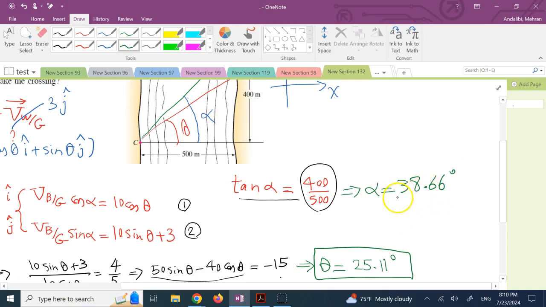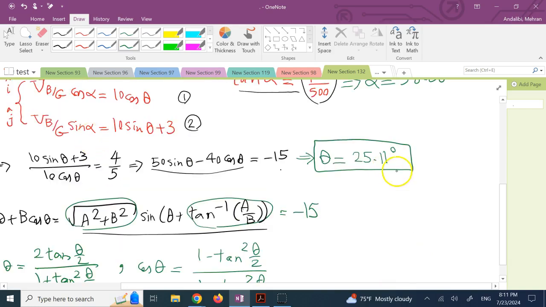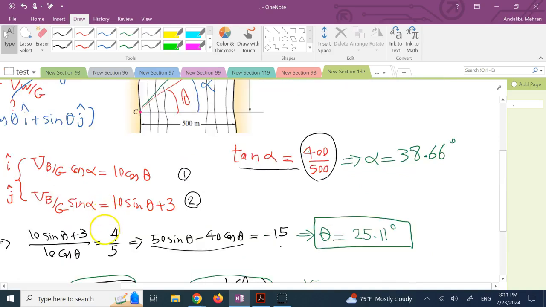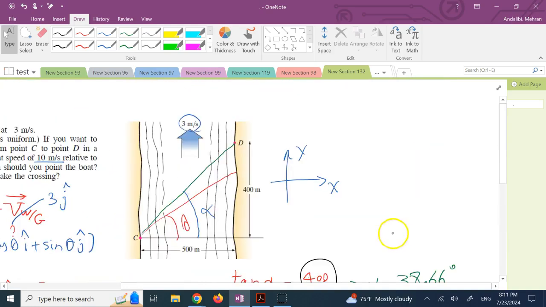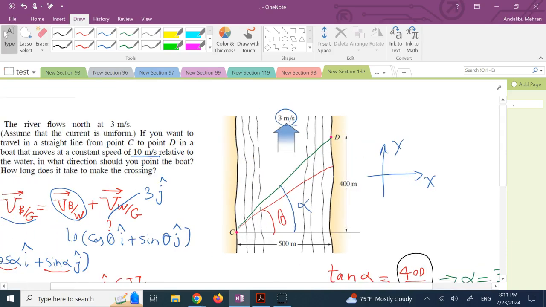The angle that you really want to go is 38 degrees with respect to the ground, but with respect to the water, you should shoot for an angle smaller than that, 25 degrees. When you add that 3 meters of water with respect to the ground to it, that can ultimately make it right. So that was the first part: in which direction to go, the angle of 25.11 degrees.